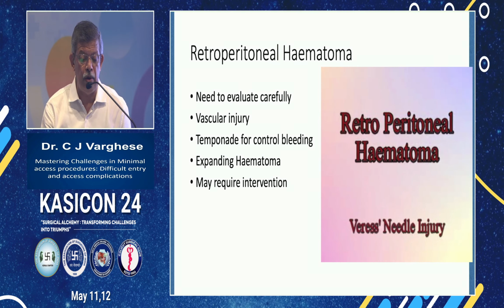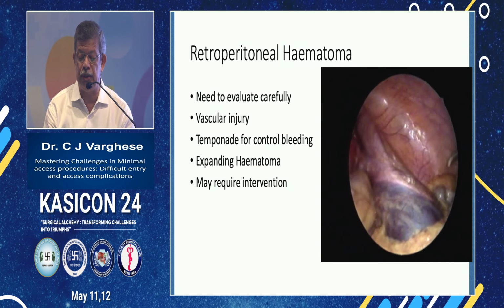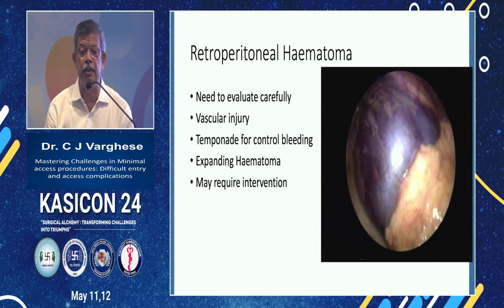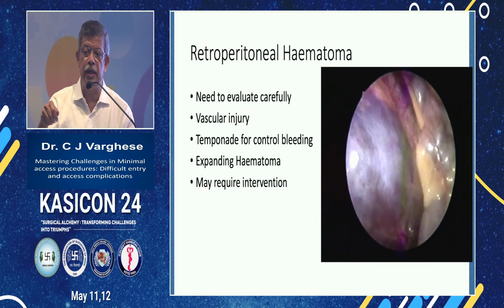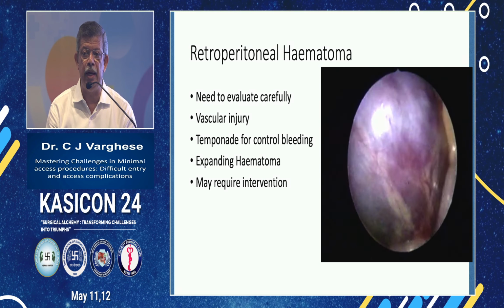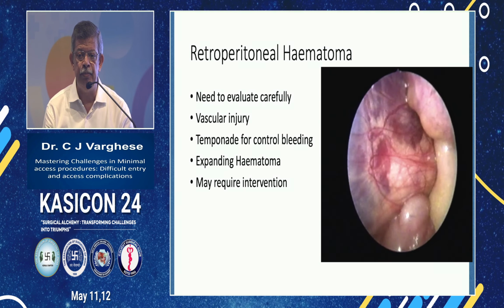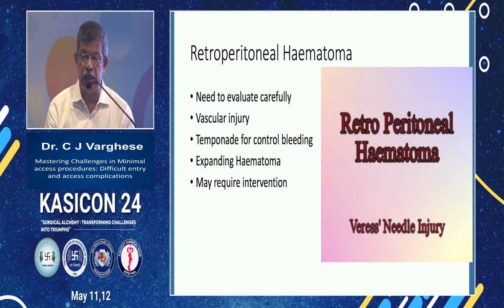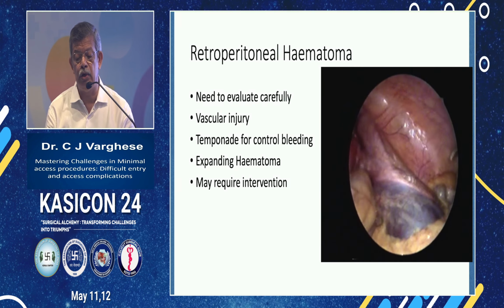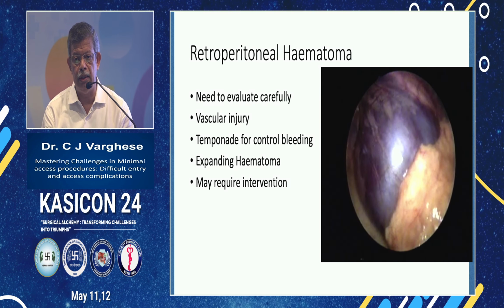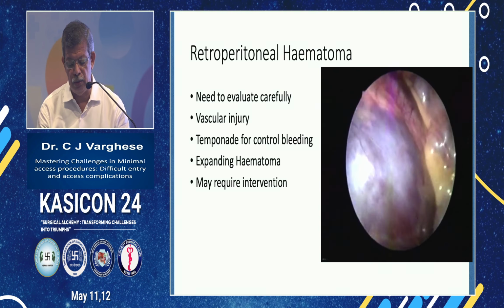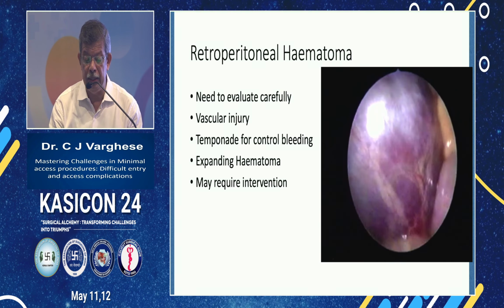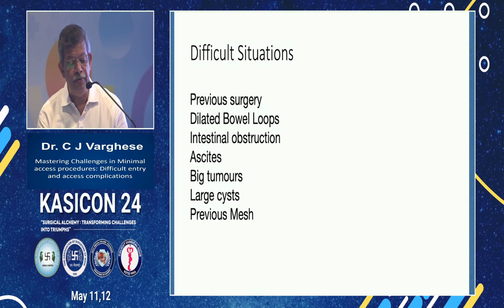Like I got a call from a gynecologist at a nursing home saying there was a hematoma in the pelvis after the trocar had punctured into a vessel, and we had to shift the patient to a bigger hospital. Then it was explored. Ultimately it turned out to be a common iliac vein injury, and that could be repaired laparoscopically itself.